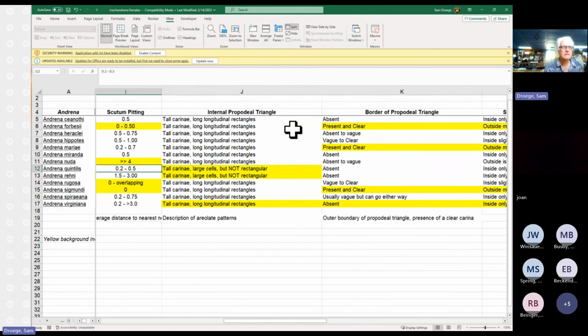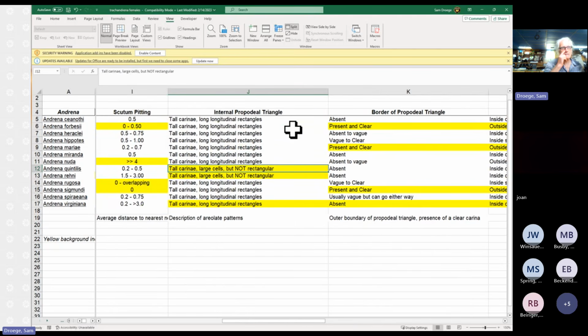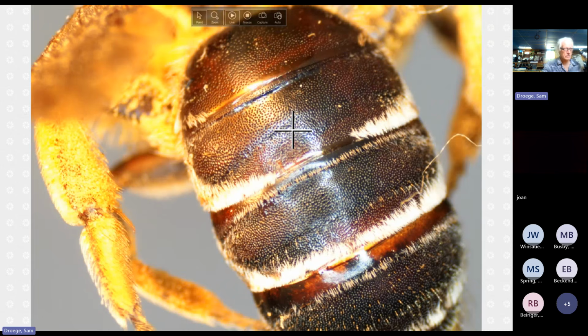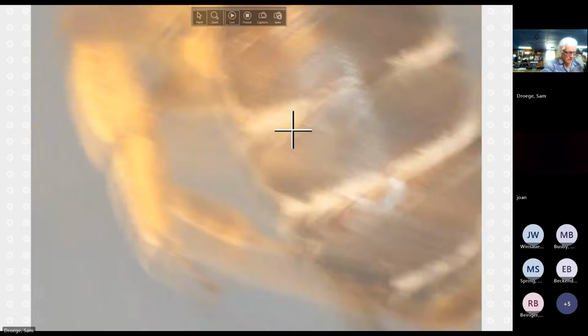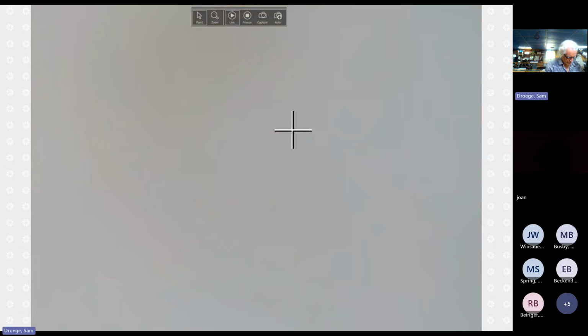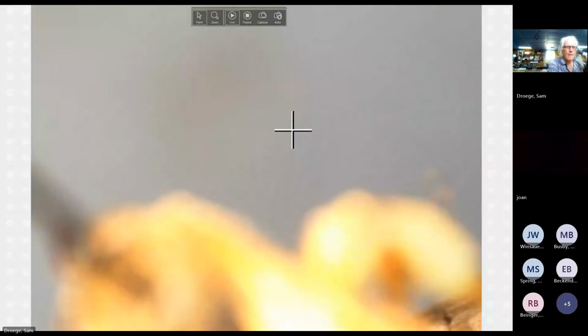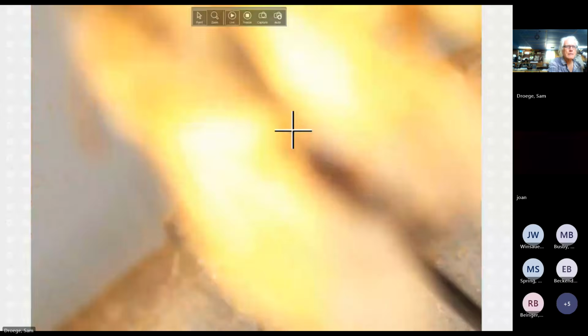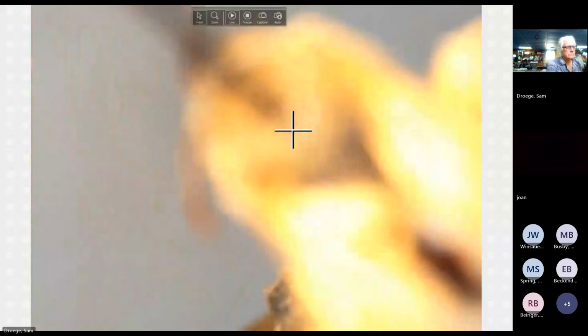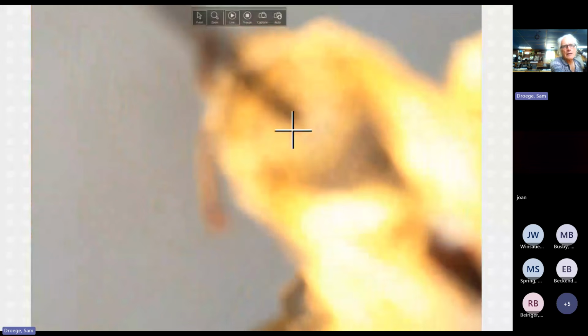Other characteristics here, the not rectangular parts of the radial triangle, the dorsal proportion of the propodium, in other words. Okay.